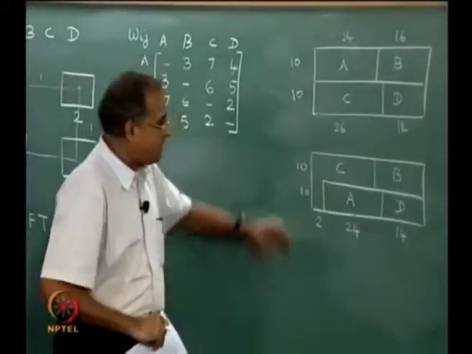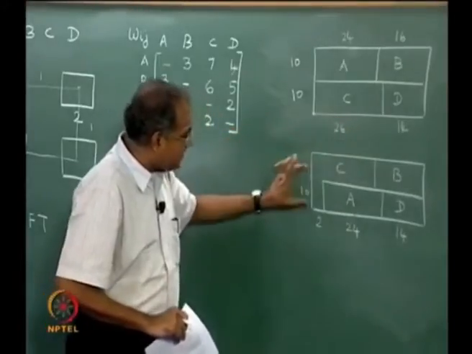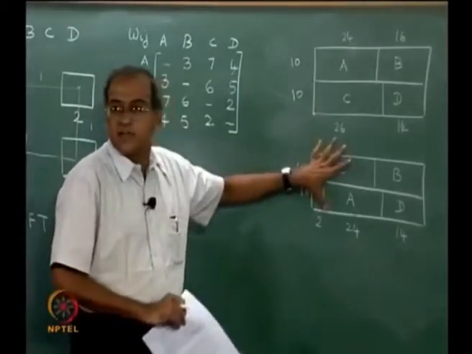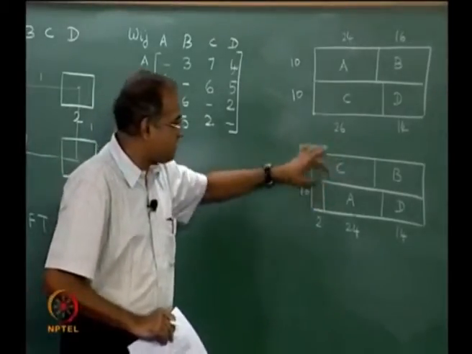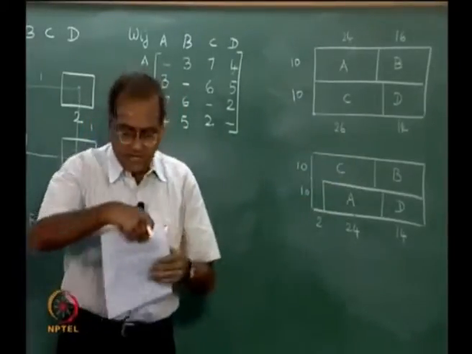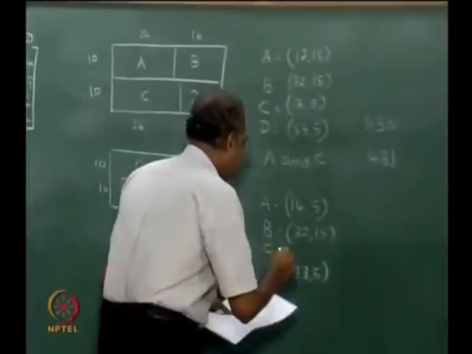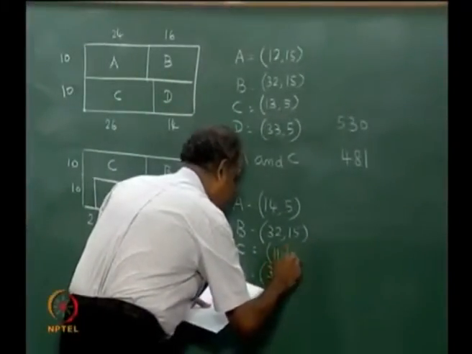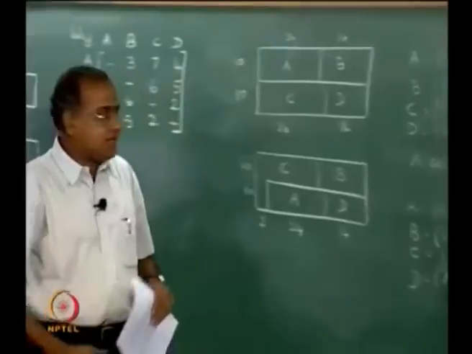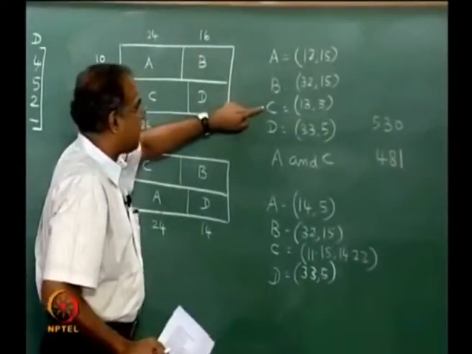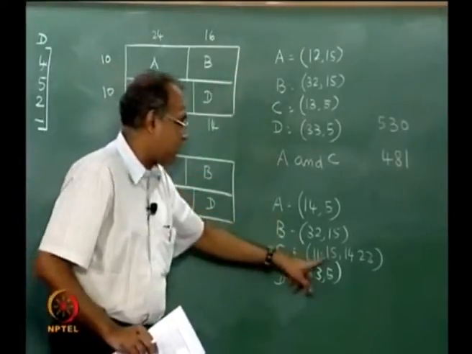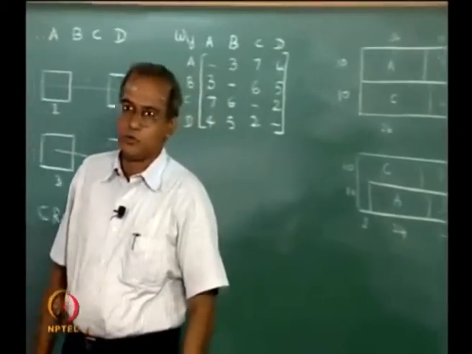Now when we use that, then this into centroid of this plus this into centroid of this divided by the area will give us the actual centroid of C. We may even have a situation where the centroid can go outside of the figure depending on the shapes that we actually get, and therefore in this case C's centroid will now become 11.15 and 14.23. If we see carefully, the actual exchange has not happened. 13 comma 5 has become 14 comma 5 and 12 comma 15 has become 11.15 and 14.23.